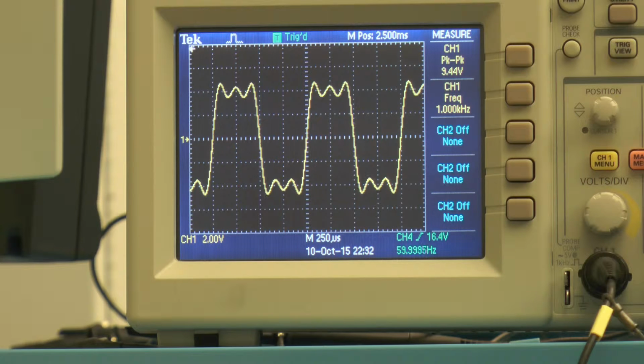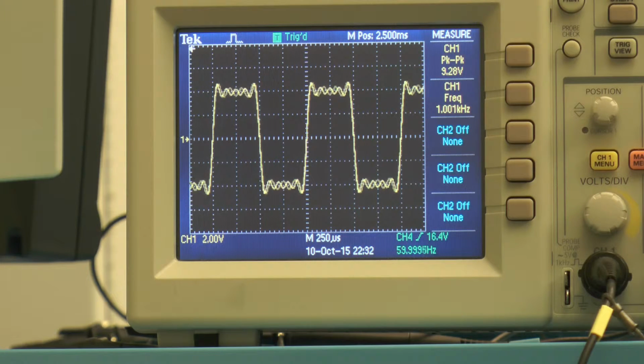We add the seventh harmonic at 1/7 the amplitude, and now it's looking more and more like a square wave. And finally we add in our last harmonic, the ninth harmonic that we have available at 1/9, and we get something that looks like it might be a square wave. If we continue to add harmonics, only I ran out of function generators.